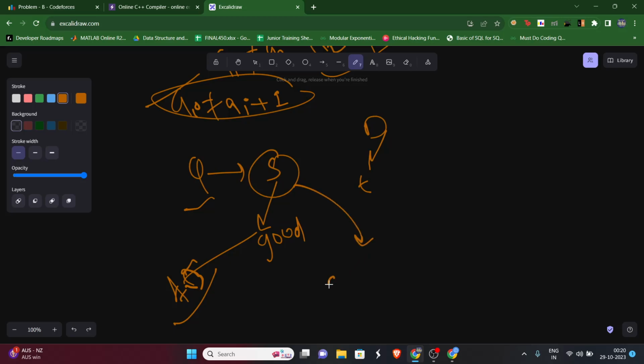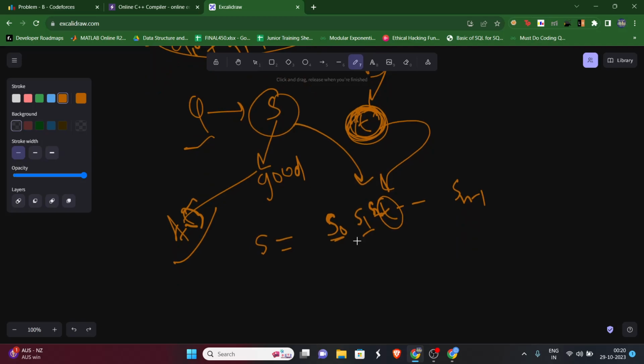Else, if it was not good, we can simply write S0, S1, till S of n minus 1. This is string S, the characters at 0th, 1st, and so on. To make it good, he can insert this entire string T anywhere, any number of times. So let's say first he inserted it after S2.